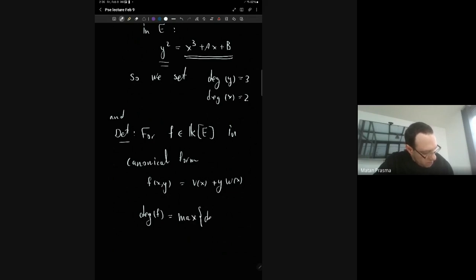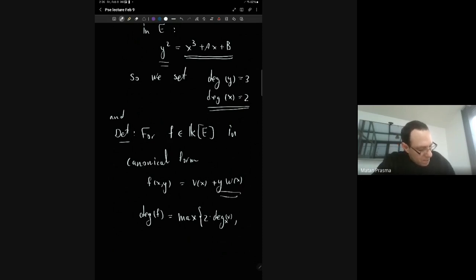So the degree of v, v is just a polynomial in x. So I take the ordinary degree of v as a polynomial in x, and I multiply it by 2, because remember, I want to consider that the degree of x is 2.